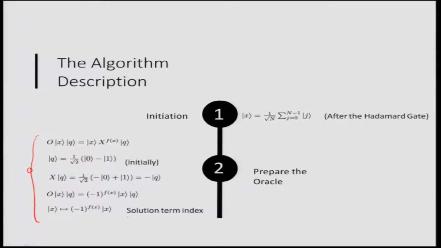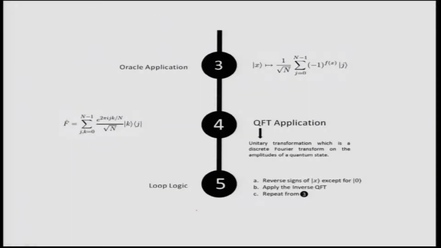And the important part is to recognize that we have a solution term index which we are going to use as we go up. The oracle is then applied to the initial states that are prepared, and the better way of this entire Grover's algorithm process involves the QFT application process, where it is a unitary transformation which is a discrete Fourier transform on the amplitudes of the quantum state, which has been done in the subsequent step.